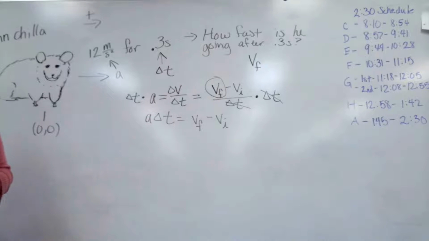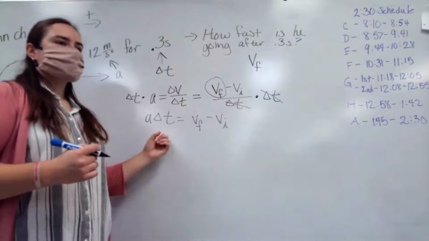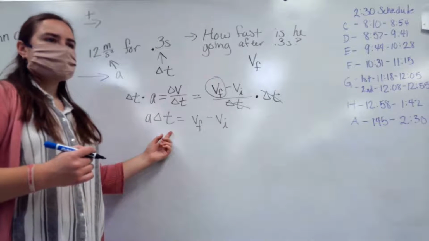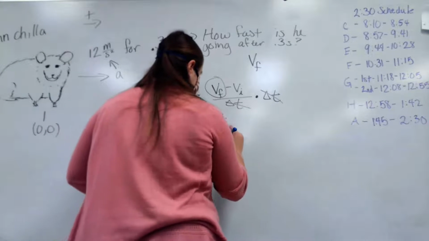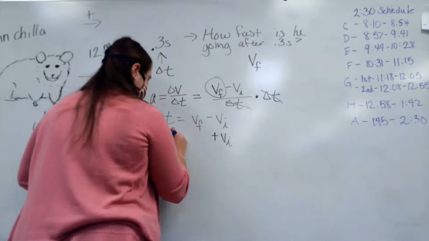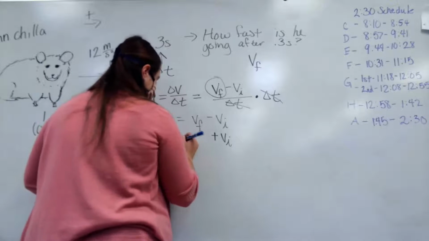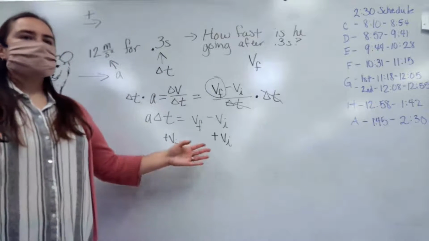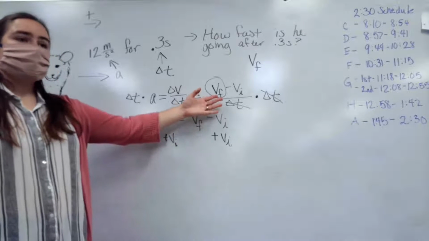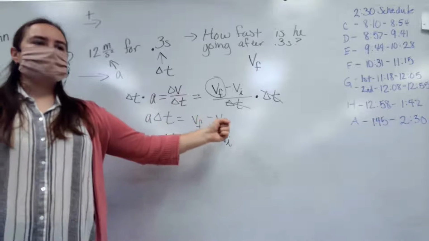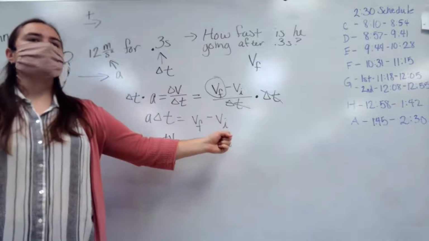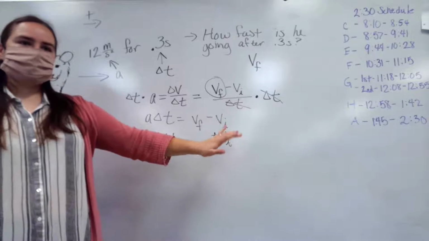Okay? So we want to move v initial to the other side. How do we do that? Add it to both sides. We need to add it to both sides. Something to watch out for. It's real easy, especially if you're going fast and you just did this step. It's really easy to say, oh, I need to multiply by a negative initial velocity. Don't do that. Okay, that's not right.